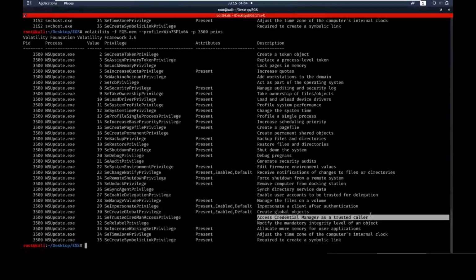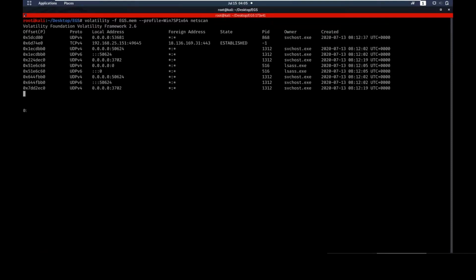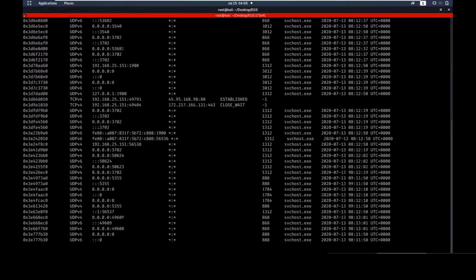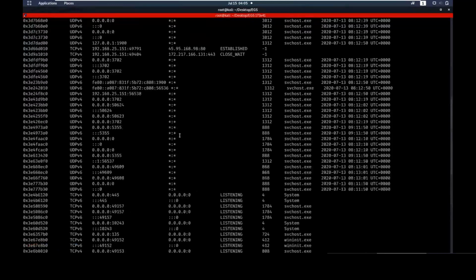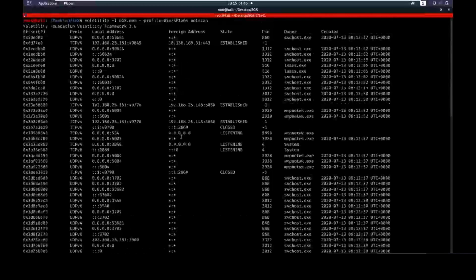In order to get this information, I just ask Volatility for a netscan. Let me clear the screen first, then it will be more visible. Netscan. So here we go. We have the list of active network connections at the time that we collected the memory dump.